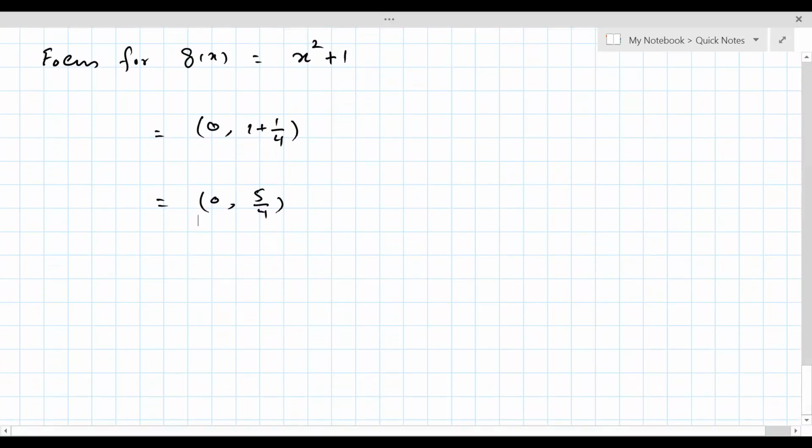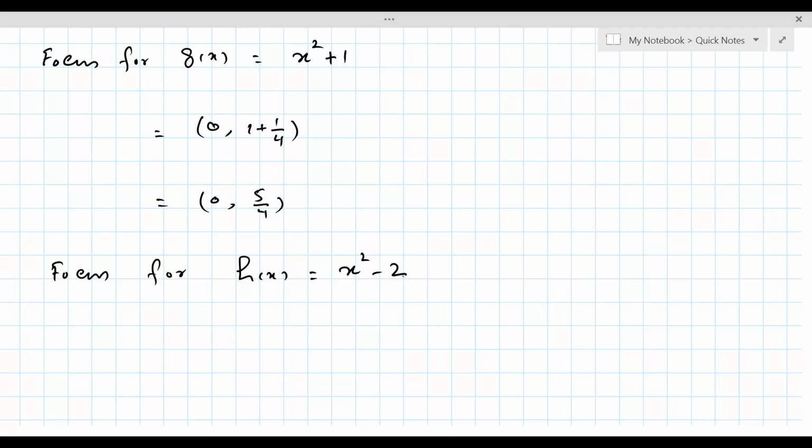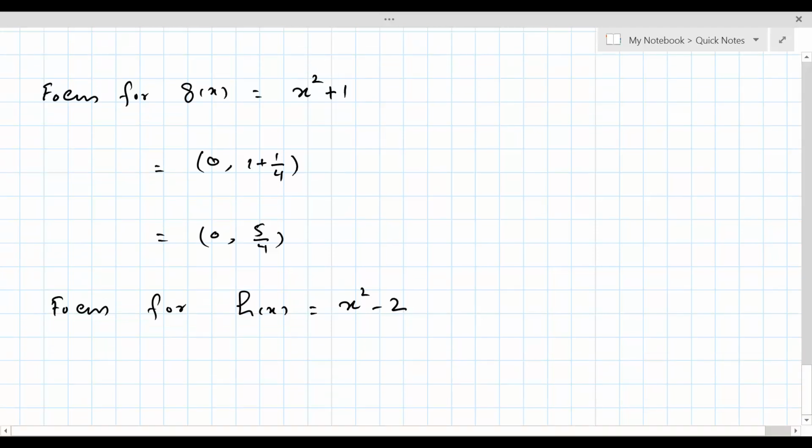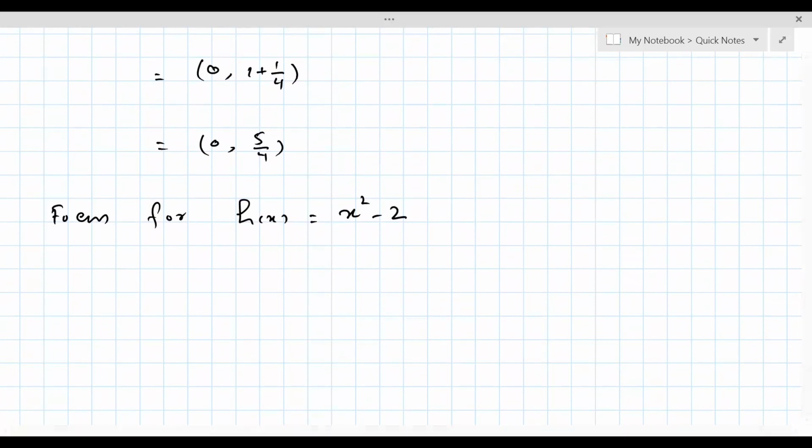And focus for h of x equal to x square minus 2. Now because all the points of the graph are just lowering down by 2 units, the focus will be lowered down by 2 units as well.